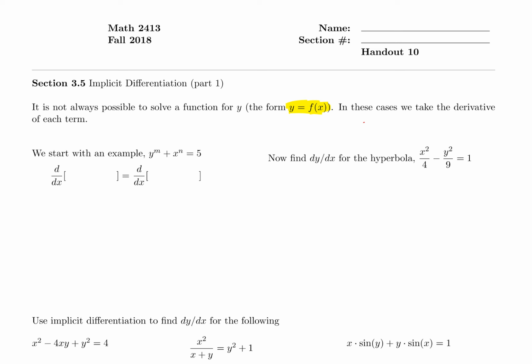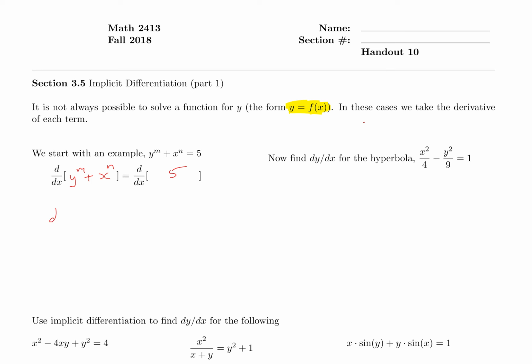Okay, so let's bring our attention to this guy right here. We want to find y prime, where y prime equals dy/dx. So what we do is we take the derivative of both sides, like so, and then we apply the derivative to everything on the left-hand side, because it's addition, you can go to each one.